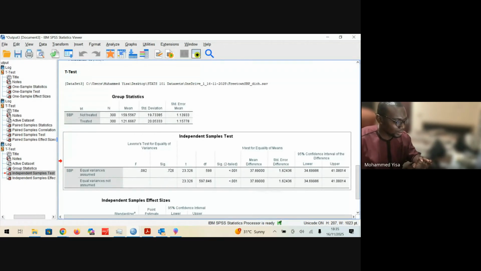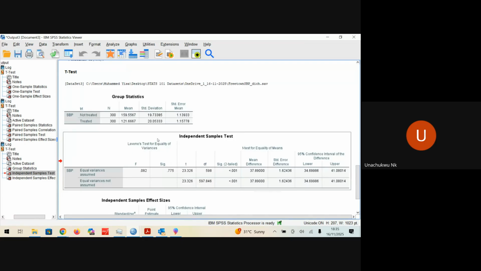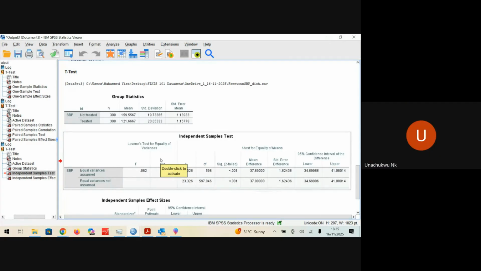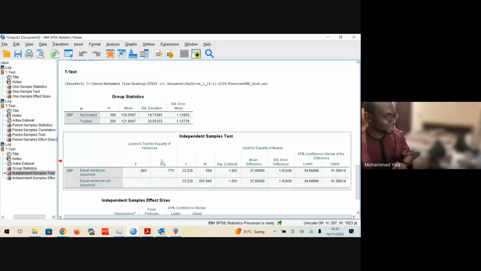So this p-value here is for the test of equality of variances, not for the t-test. However, the t-test depends on the equality of variances. If your variances are not equal, then you shouldn't be doing a t-test. Does that make sense?